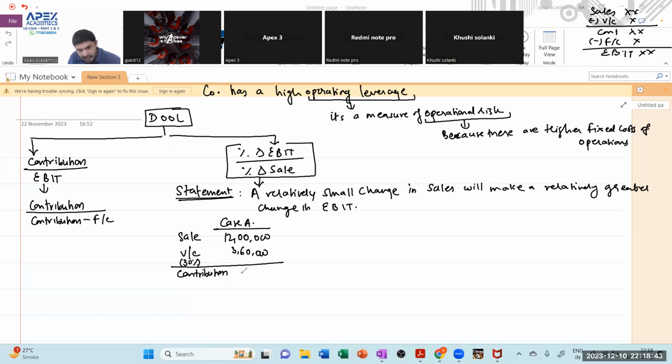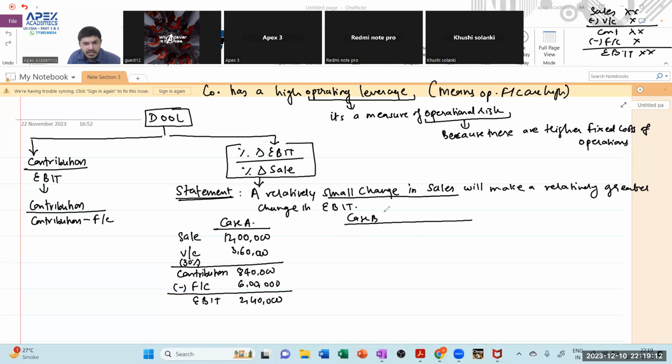How much is that? 8 lakhs and 40,000. Now please understand that a company has high operating leverage means operating fixed costs are high. So I will take that to be 6 lakhs. What I have got? EBIT 2 lakh and 40,000.